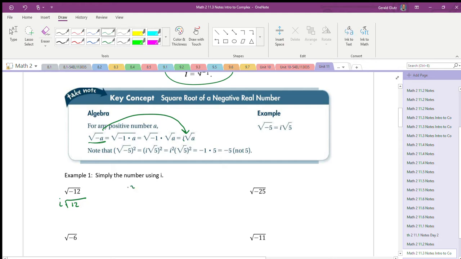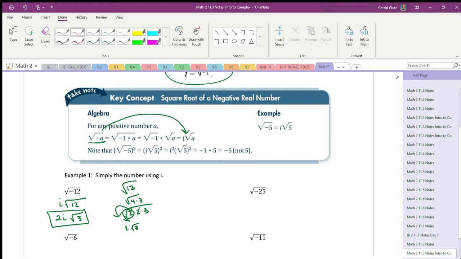Remember when we simplified radicals, we break it down: 4 times 3, oops, I wrote the wrong number there. And 4 is 2 times 2. So I've got a pair of 2's, one comes out, the other one goes away, so 2 root 3. My answer is not just 2 root 3 because I have an i there, so it'll be 2 times i times root 3.